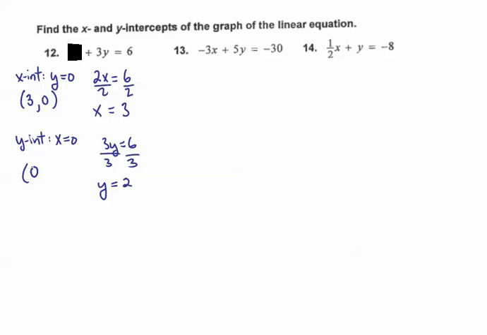So when x is 0, y is 2. So the x-intercept is 3 comma 0, the y-intercept is 0 comma 2.